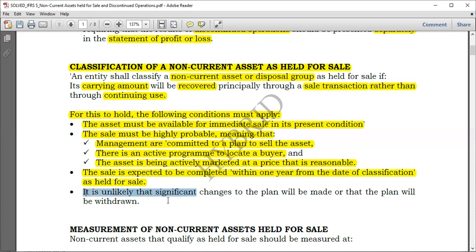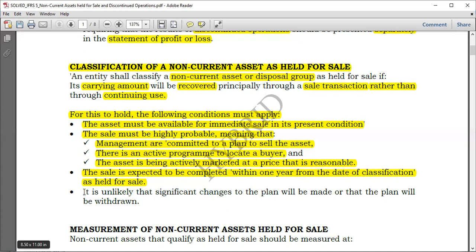And lastly, it is unlikely that there will be significant changes to the plan. We said that management are committed to a plan to sell the asset. So we do not say that, oh, maybe management may have a plan, but maybe later they change, right? Since when you're classifying something as held for sale, it is just about expectation. You expect to sell it soon.